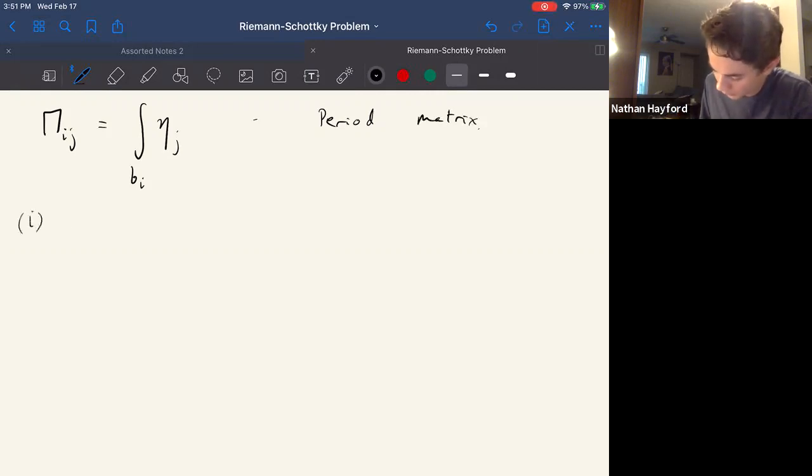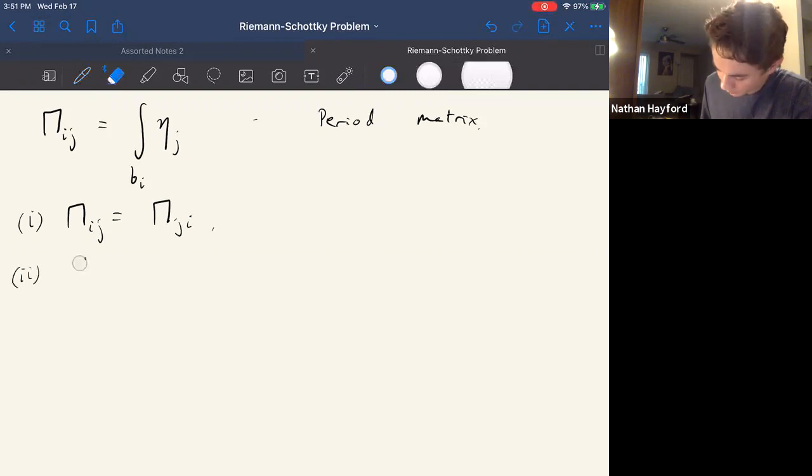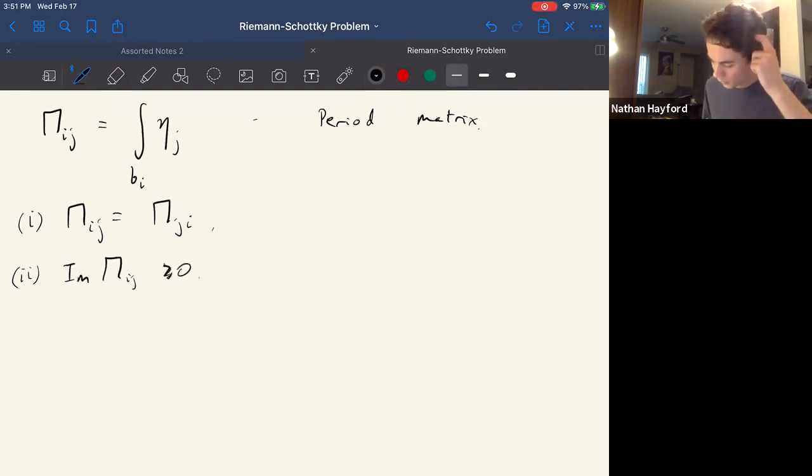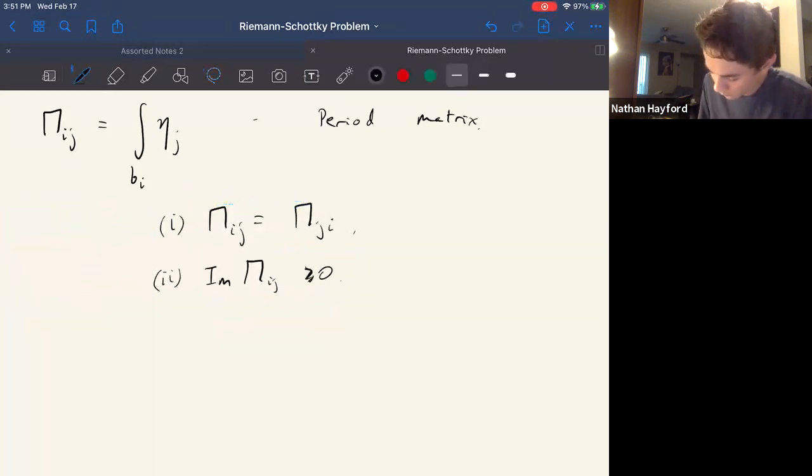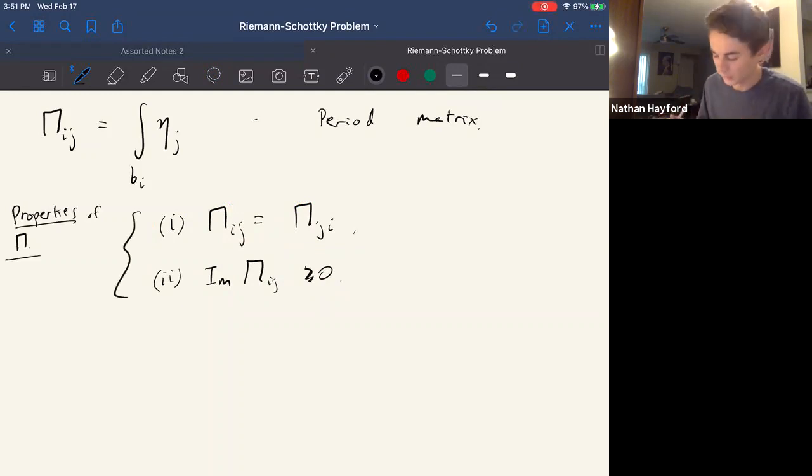So property number 1 it satisfies is that it's symmetric. And 2, it satisfies that its imaginary part is positive definite. So it has these 2 properties of pi. And again, let's recall some facts that we had before.